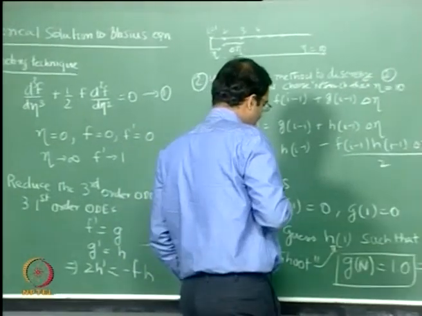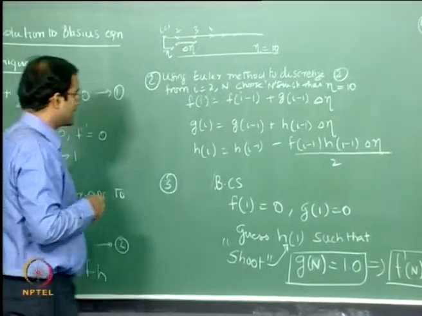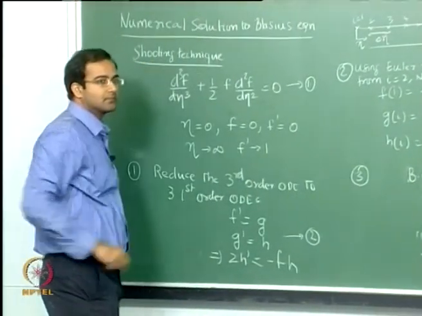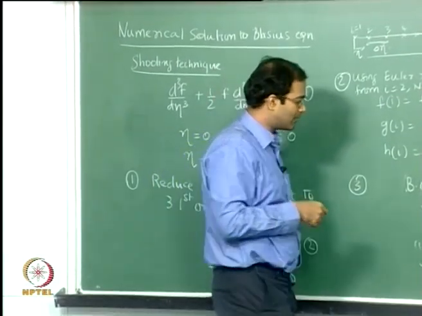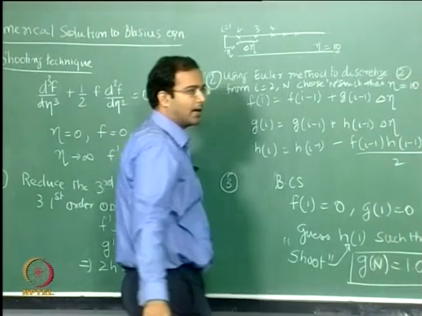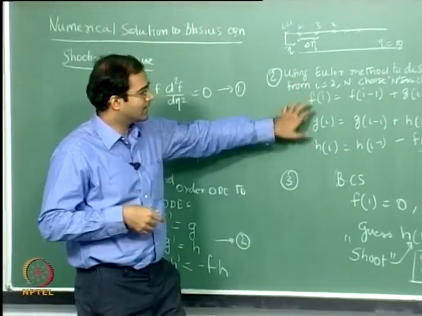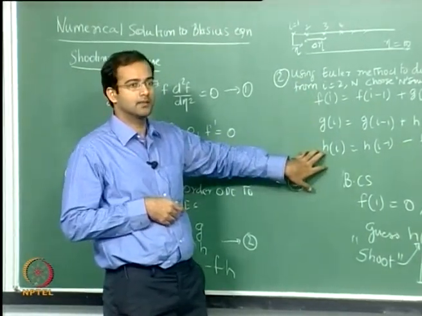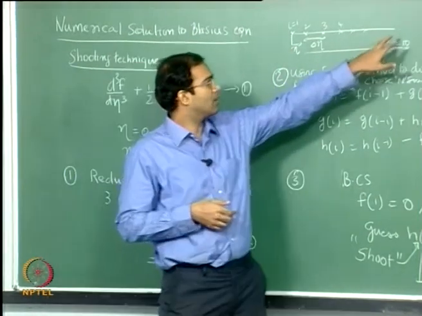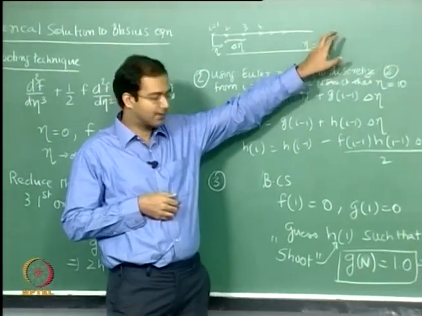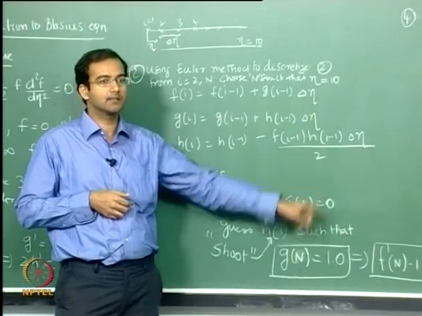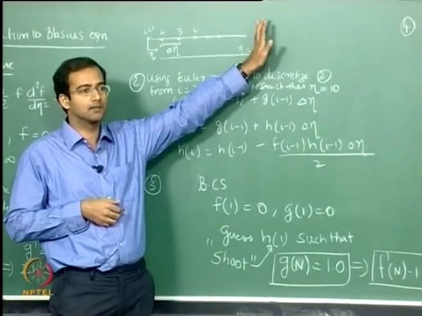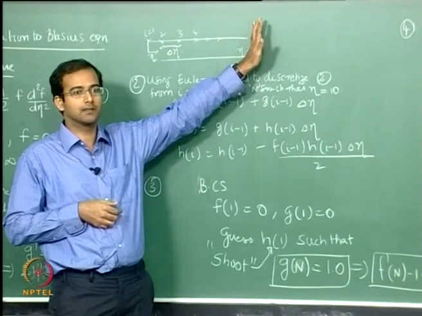So what essentially you have to do here, this is why this is called a shooting technique. You shoot a guess basically. You guess the value of h at 1 and substitute, and then you do the marching process, go all the way till eta equal to 10, and then you find out whether g at n, where n corresponds to eta equal to 10, that is the last point.